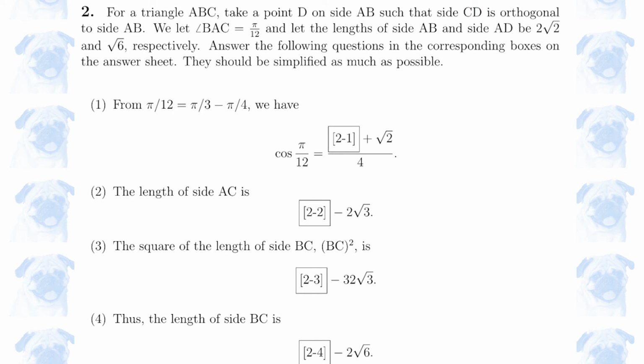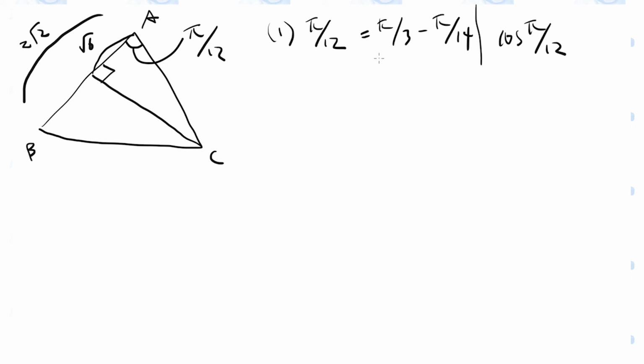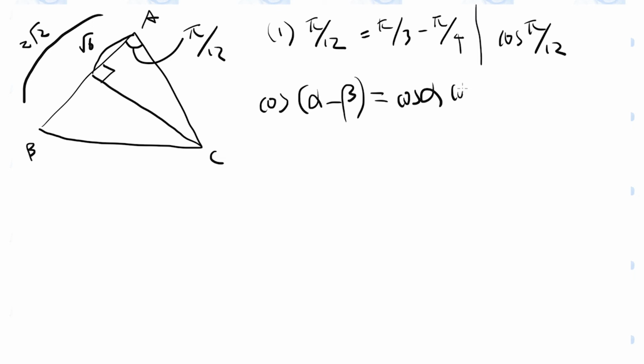Section 2. In part 1, we need to use this fact to find the value of cosine pi over 12. You need to know the following formula. Cosine alpha minus beta is cosine alpha times cosine beta plus sine alpha times sine beta.